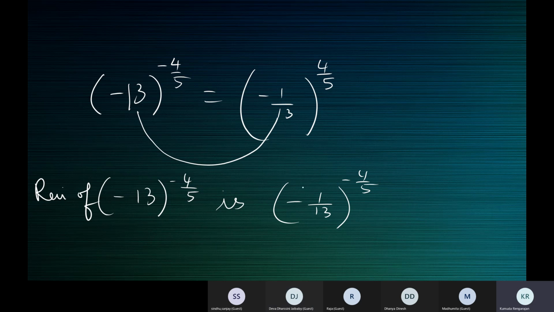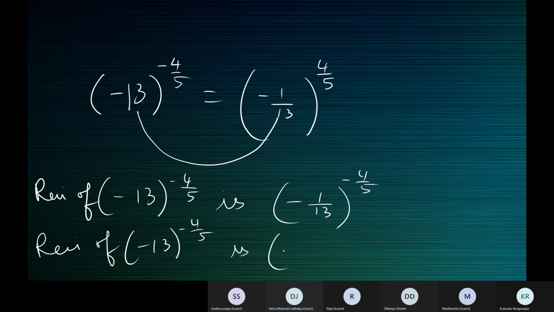One is the reciprocal of the other. Now tell me the other way. Minus 13, and I have to change the power, ma'am. So 4 by 5, ma'am. Very good. That's all. You got it right.